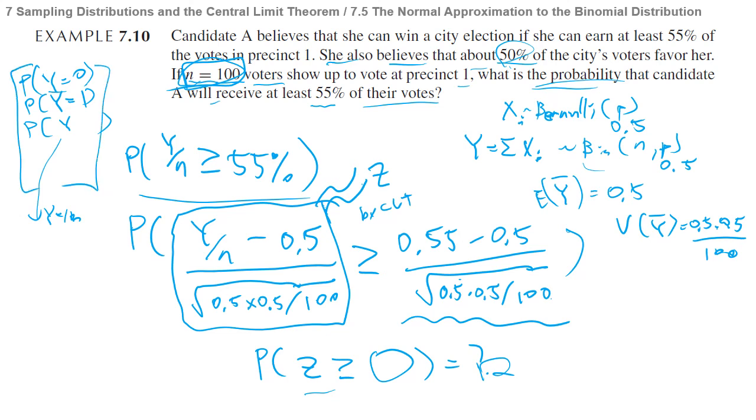So if you use the binomial distribution, the probability of y greater than or equal to 55 requires calculating the probabilities of y from 55 up to 100.